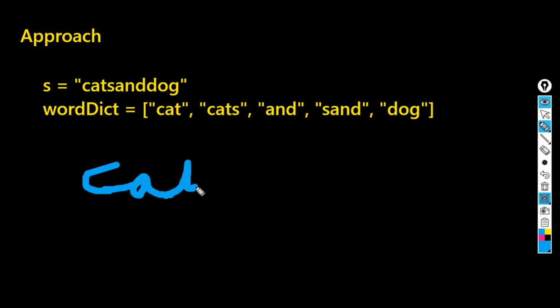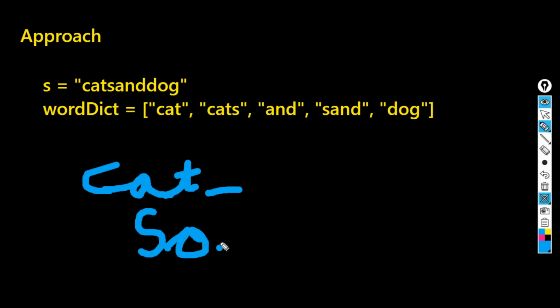Then we'll take CAT. Is it in this list or not? It is there in this list. So we'll take this as a word and insert a space. Now we will consider one more character, S. Then we'll check whether S is there or not. It is not.